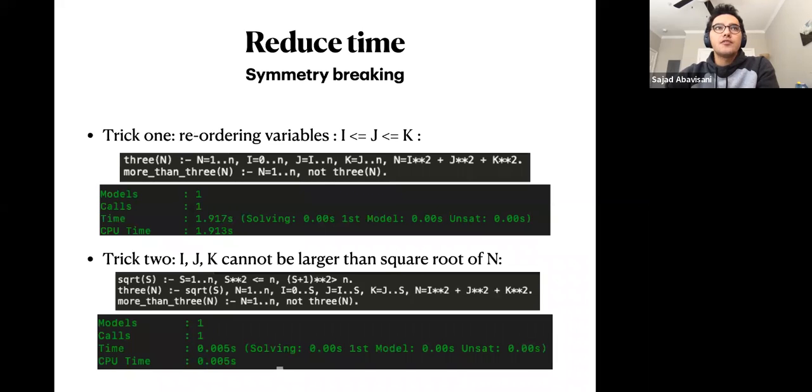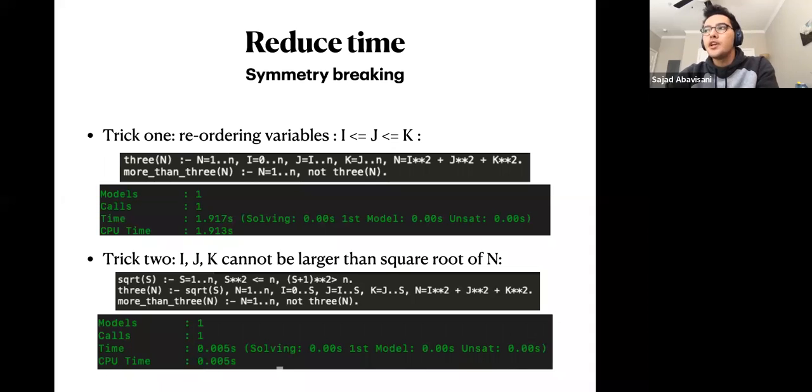And here, instead of stating that J is from 0 to n, we can say that J is from I to n, and K is from J to n. With that simple change, the time reduces from 10 to 2 seconds. And furthermore, we can use the fact that none of them can be bigger than the square root of n, the whole number. And if you also add that, it will reduce to 5 milliseconds.